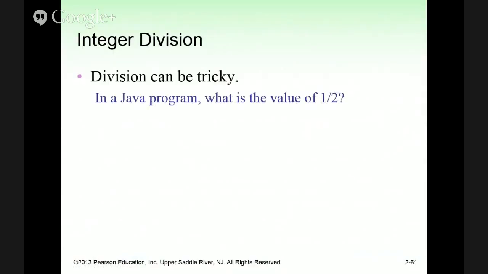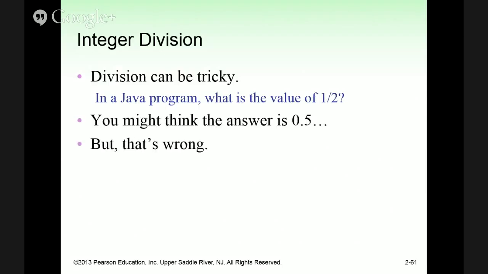All right, so let's take a closer look at integer division. In integer division, which is what Java uses, what would be 1 divided by 2? What would that evaluate to? Not 0.5. 0 is correct.